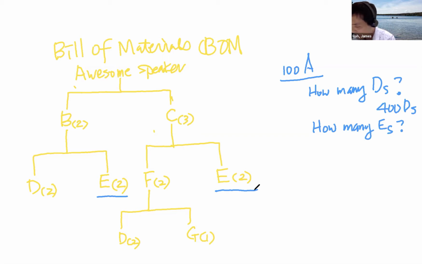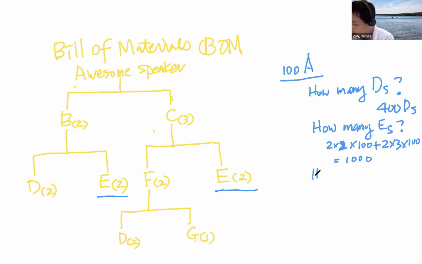So left-hand side, 2 times 2 times 100 plus right-hand side, 2 times 3 times 100. And that's going to be 1,000. Very good, Amanda.